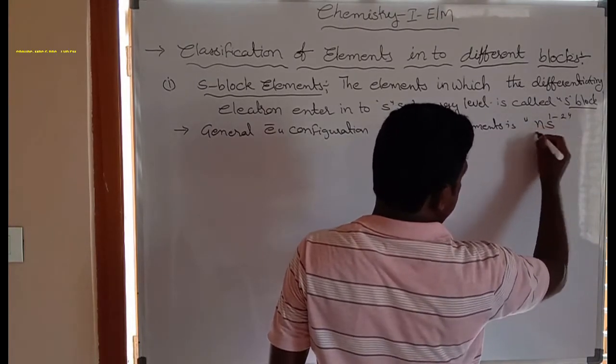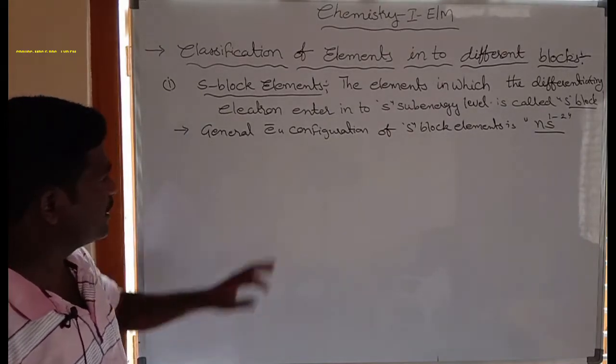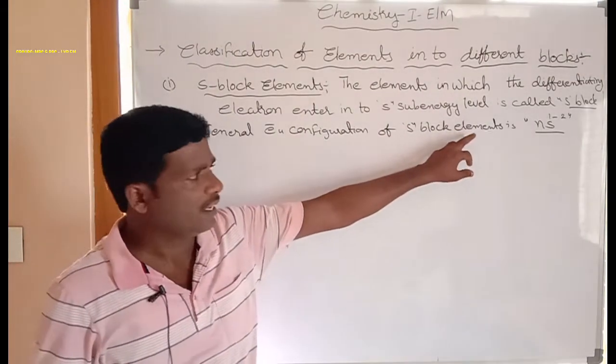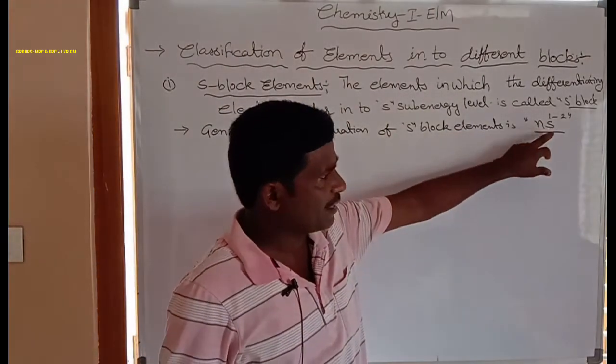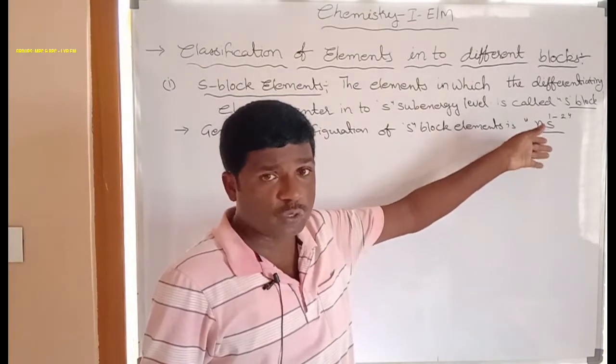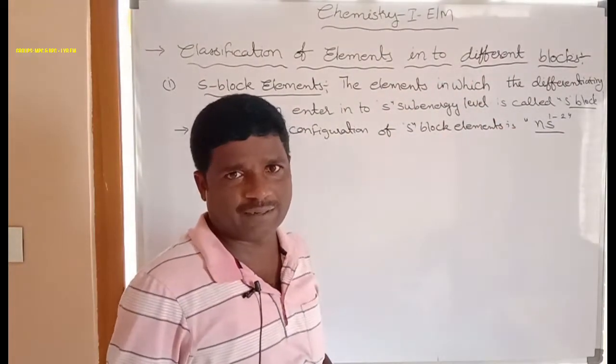This is the electron configuration of the S block elements, and it indicates the number of electrons in the s orbital, which holds 1 to 2 electrons.